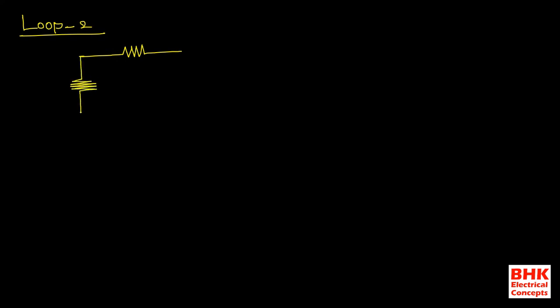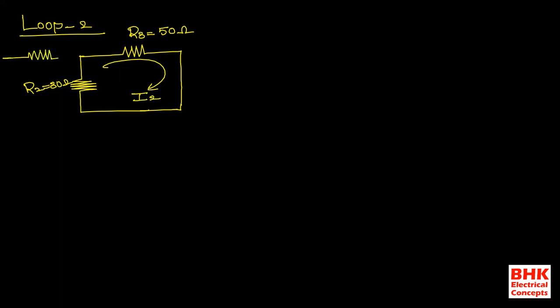We need to consider only those elements. Now this one is R3, equal to 50 ohms, and here the value of R2 is equal to 30 ohms, and the direction of current is like this. This is I2, and here this one is R1, but we are not including this in loop 2.